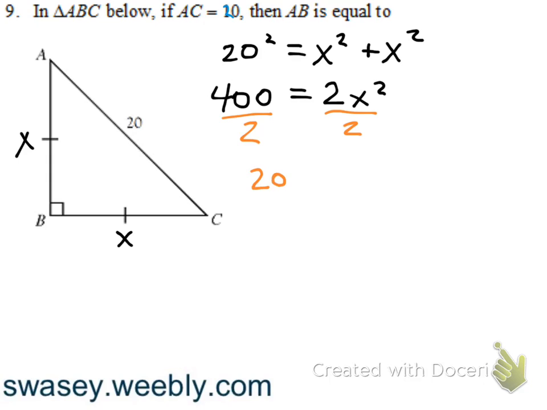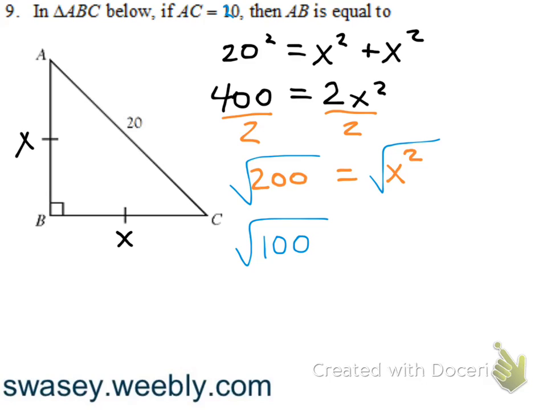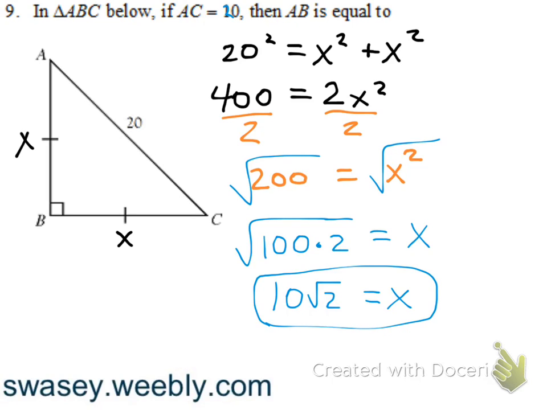So we get 200 equal to x squared. To get rid of squared, we'll square root. Only a positive answer makes sense. And so we can rewrite that as 100 times 2. And so we get 10 root 2. So that's the exact value of AB.